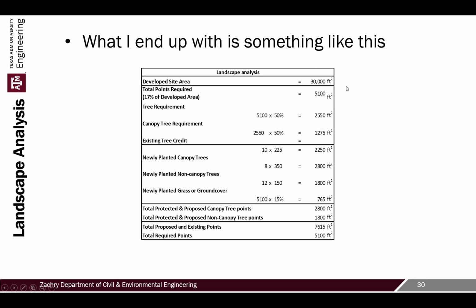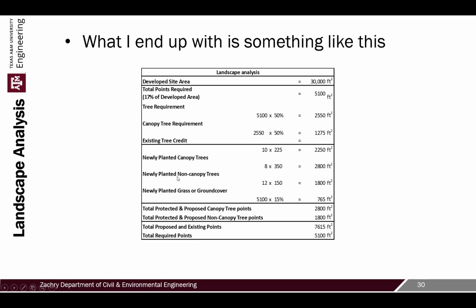So what you end up with when you're doing something like a landscape plan is something like this. So here's my developed site area, total points required. 50% of that in College Station has to be trees. Out of that, 50% has to be canopy trees. Then they come in, and here's some of the other stuff. So here's the newly planted. Here's the existing tree credit. So I had 10 trees there. That's 2,250. Here's my newly planted canopy trees.